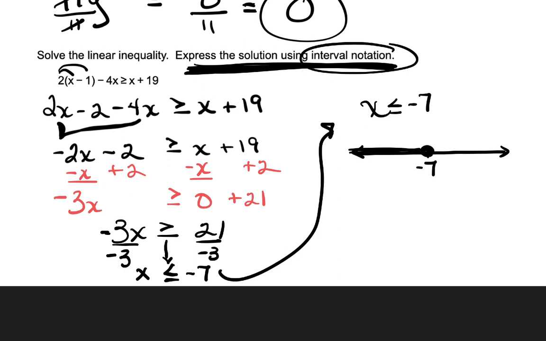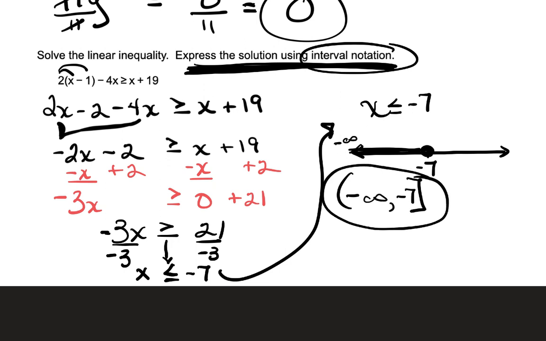So from left to right, interval notation, it would go negative infinity, negative 7, bracket. So remember, the infinities, negative or positive, are always a parenthesis. But at the negative 7, if you have less than or equal to, then you have a closed dot.